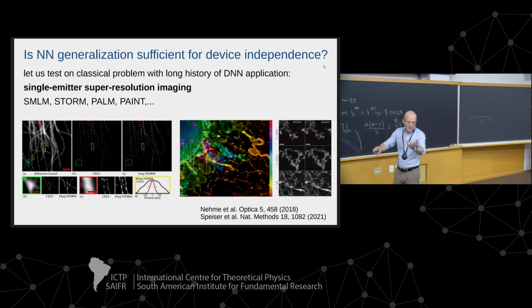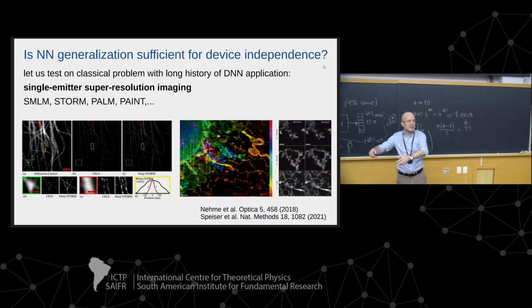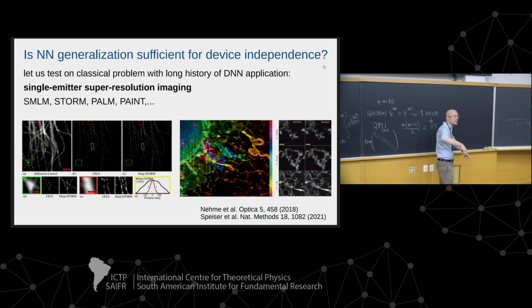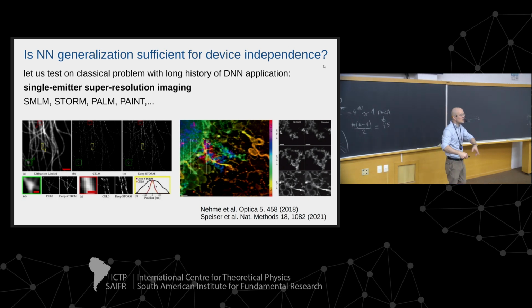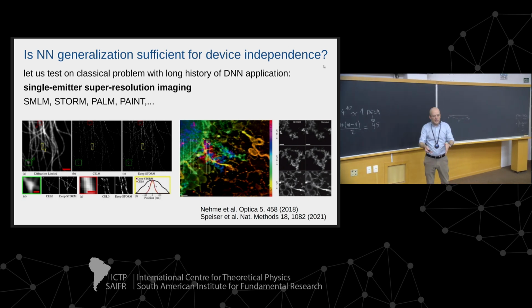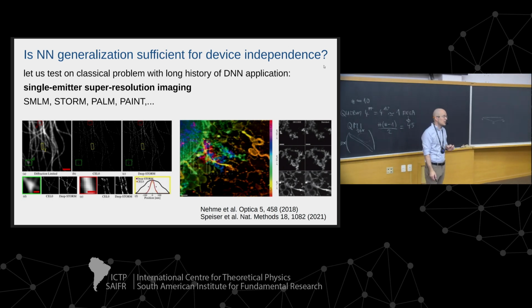Especially because we also think about some applications in our field, like resolution and counting and localization of single molecules or quantum dots. I mean, the problem selected was single emitter super resolution imaging.